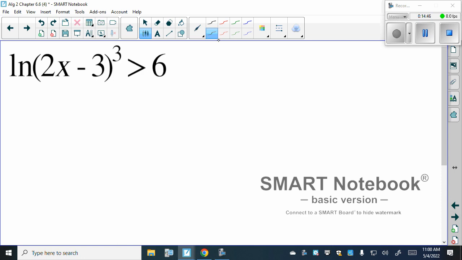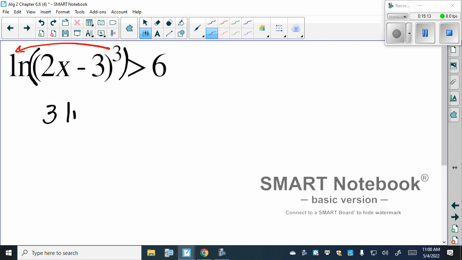Now for this one here, I really need another set of parentheses. That 3 is attached to the 2x minus 3. It's not attached to the log itself. Now the first thing we can do here is what? Move the 3 up front. Because anytime we have a power inside the log, we can move it to the front.